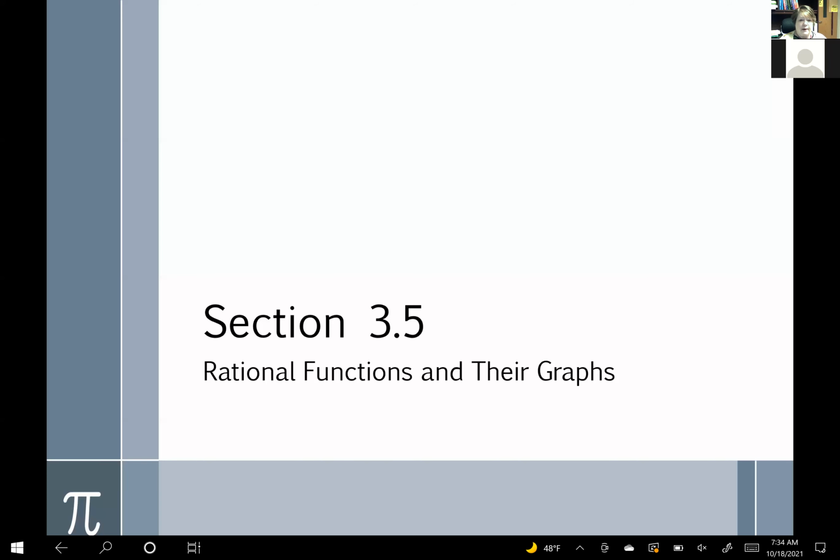And a rational function is simply a ratio of two polynomial functions. So we'll talk about them in depth. And then we'll start looking at rational inequalities and polynomial inequalities.